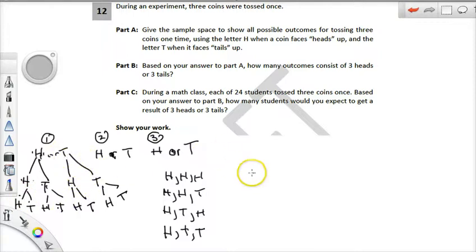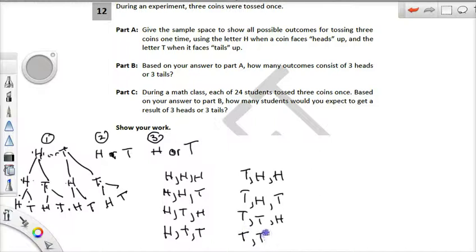And now we come over here, and you could get tails on the first: tails, heads, heads; tails, heads, tails; tails, tails, heads; or tails, tails, tails.